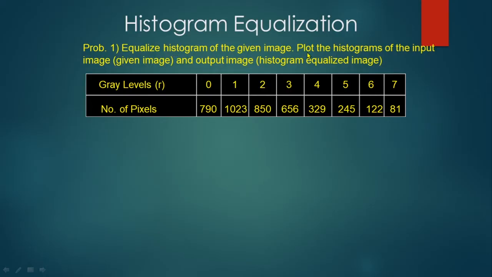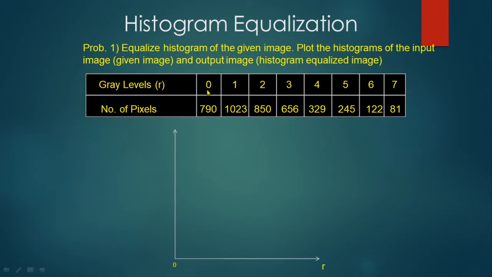Here, first let us draw the histogram of the input image. We take the gray levels on the x-axis and the number of pixels on the y-axis.